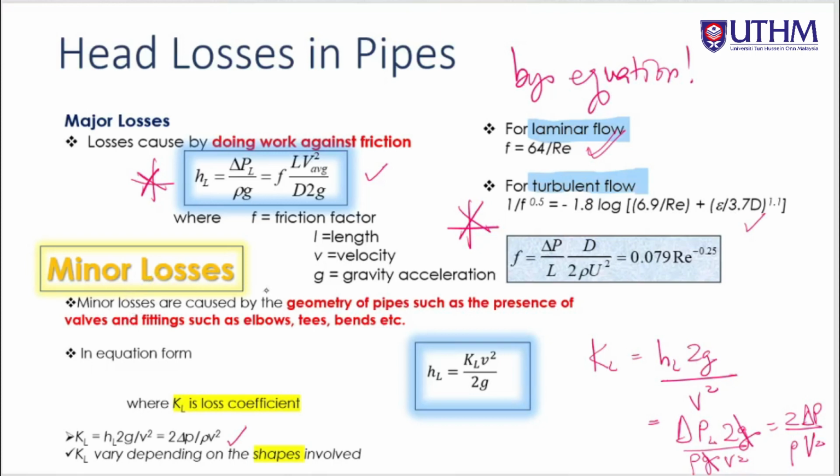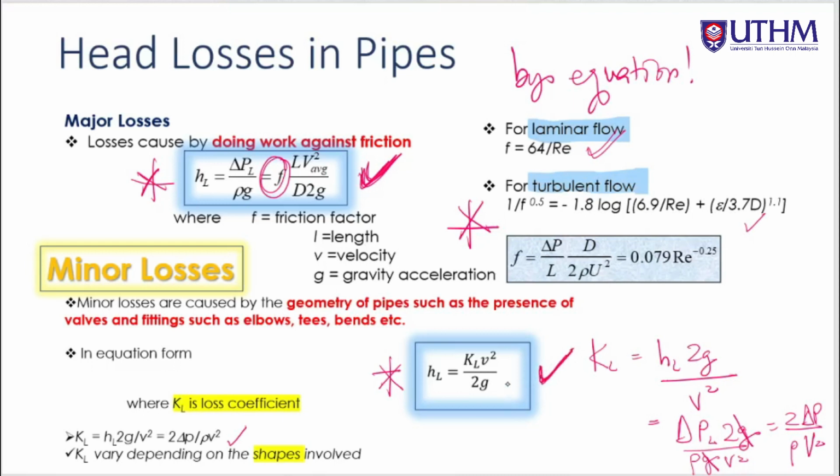So minor losses are caused by geometry of the pipes, sama ada bentuk dia vertical or horizontal, and also a presence of a valve, a fitting, and so on. Okay, so what is the differences is that untuk minor losses, the equation untuk kira the losses is a bit different as compared to major losses. For major losses, kita dah tahu kan, kita dah kira macam biasa, and dia ada this friction factor. However, for minor losses, we will use this equation.